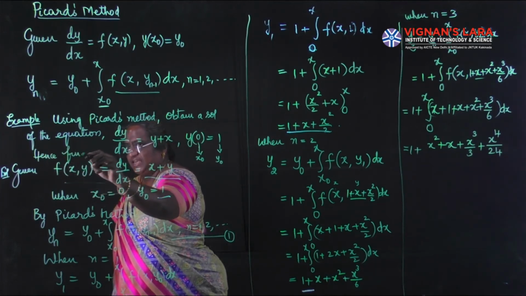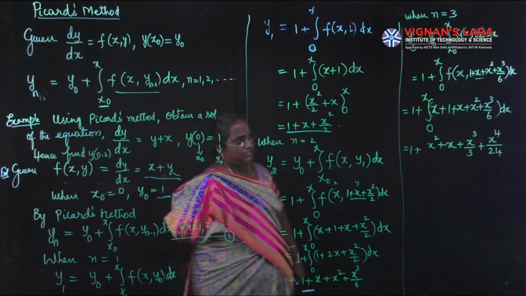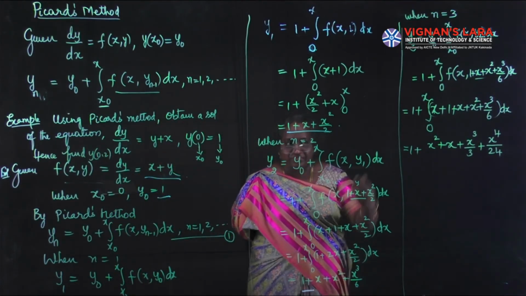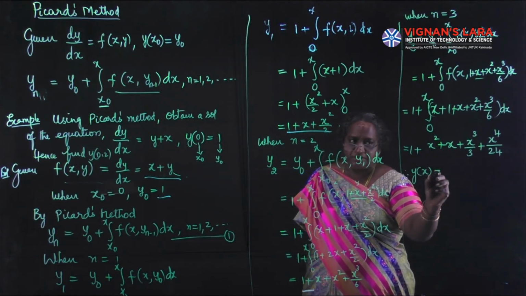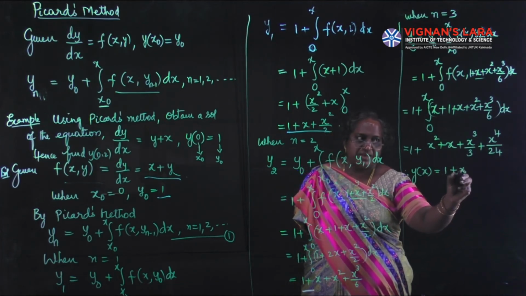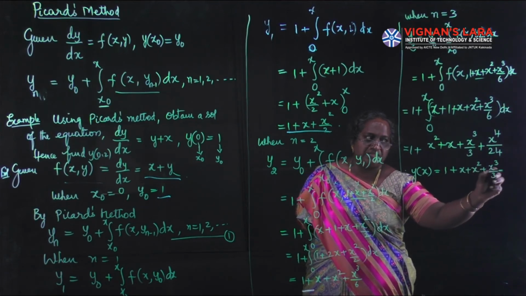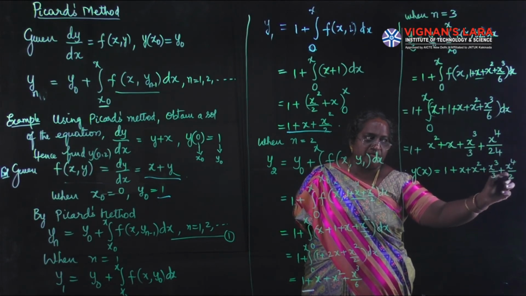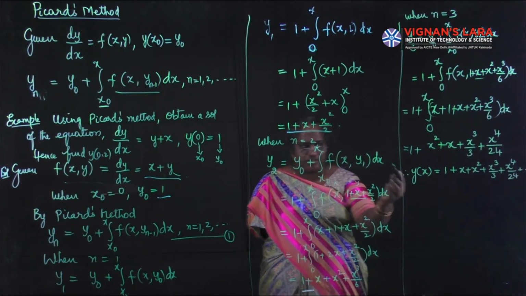What is our final y of x? Because I stopped with the third iteration, my y in terms of x is 1 plus x square plus x cube by 3 plus x power 4 by 24 plus so on. We got terms further. It is also a series.